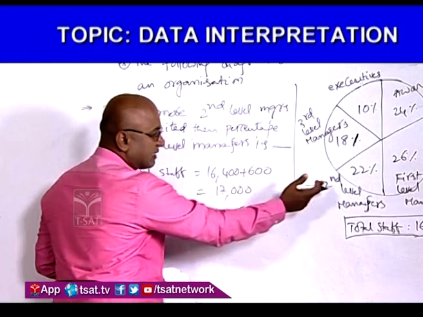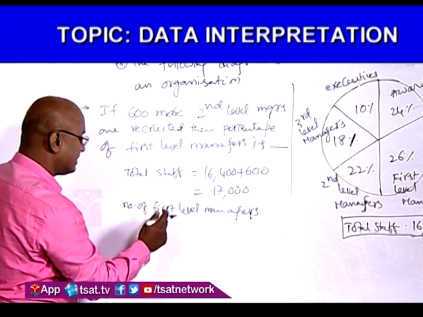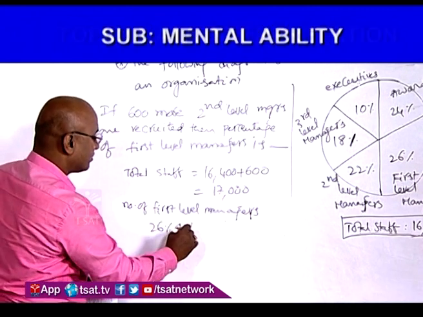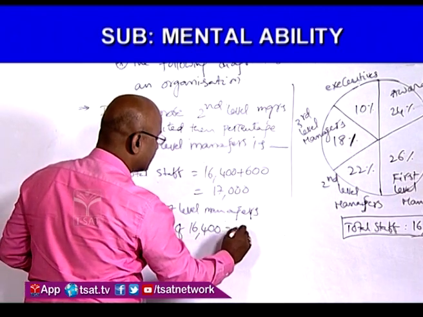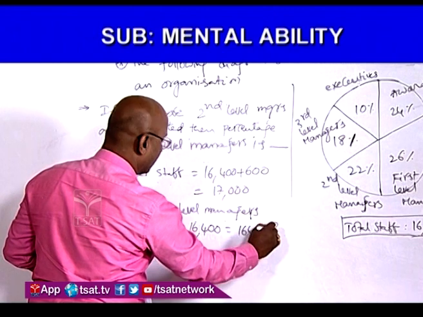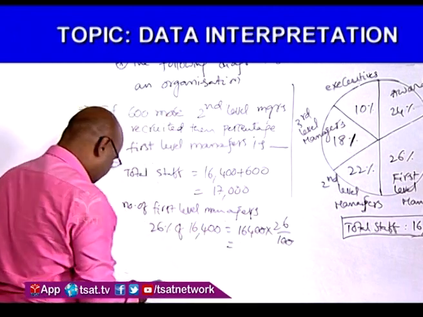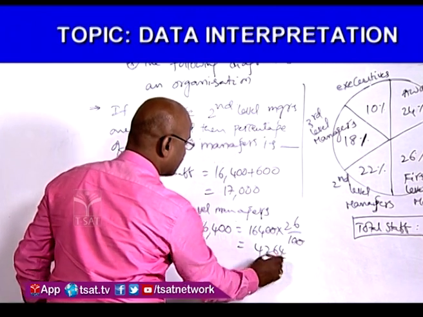First level managers are 26% of the initial total staff of 16,400. 26% of 16,400, that is equal to 16,400 into 26 by 100. Cancelling zeros, 164 into 26 is equal to 4,264.